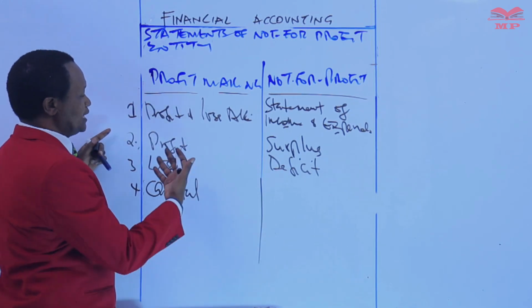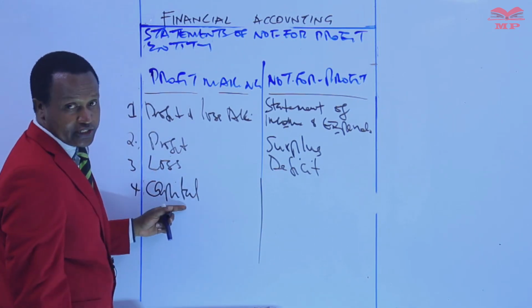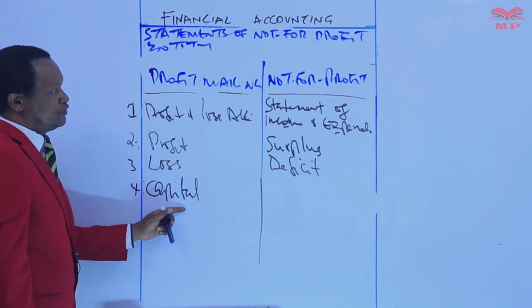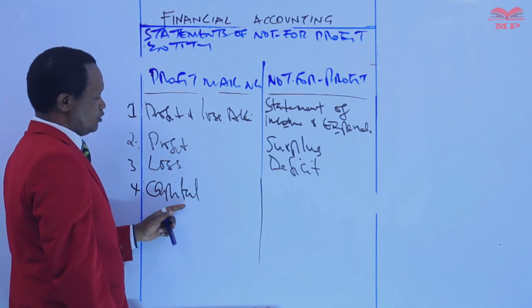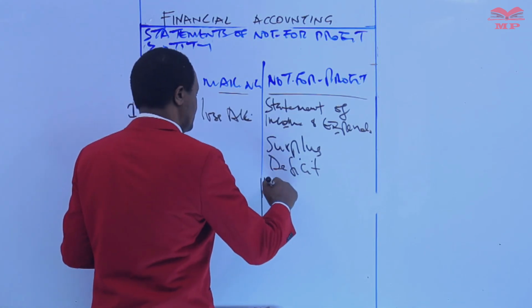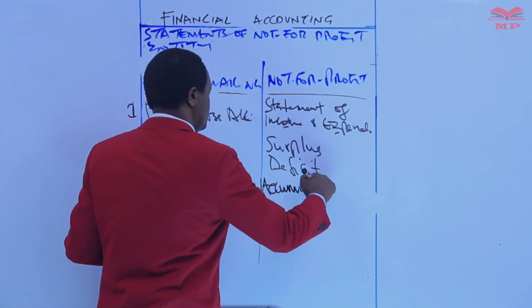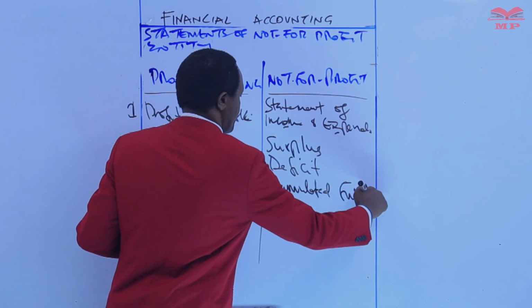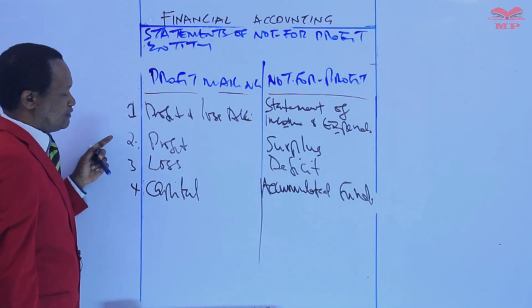We call it capital for profit-making organizations. But for not-for-profit organizations, what we know as capital here is known as the accumulated fund.